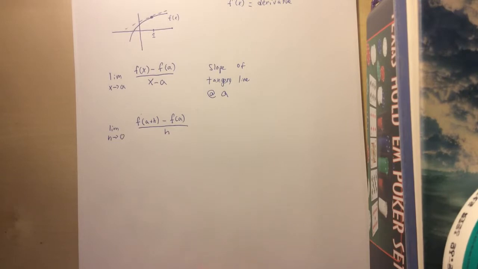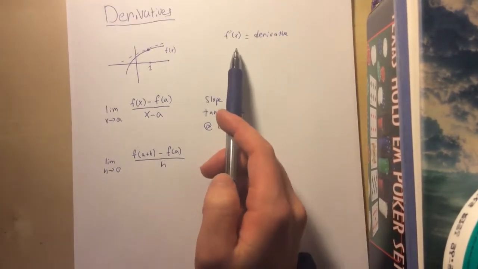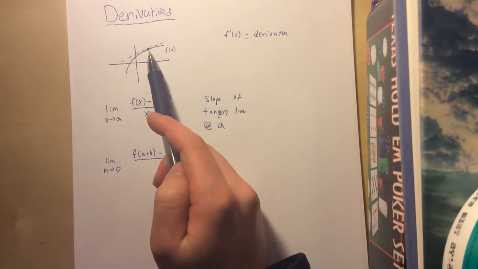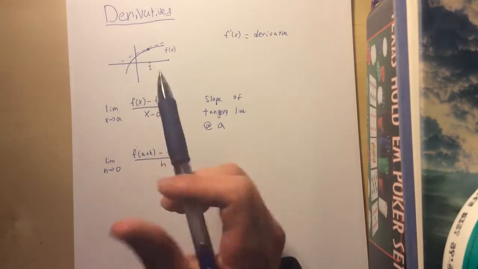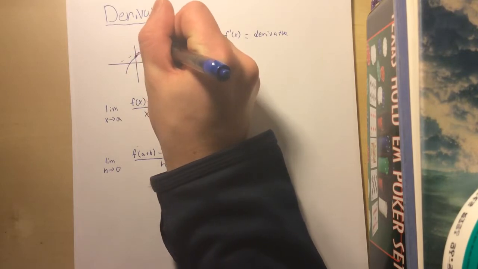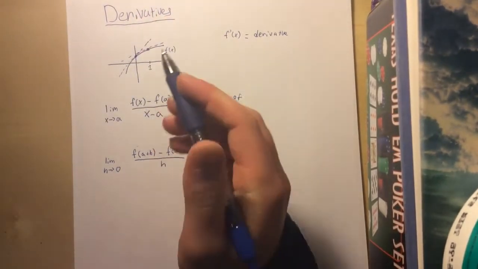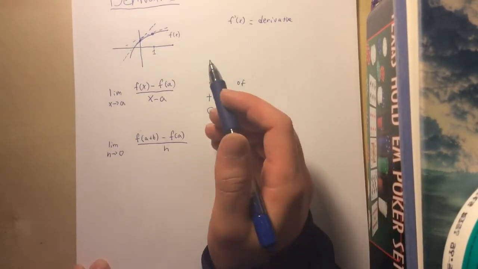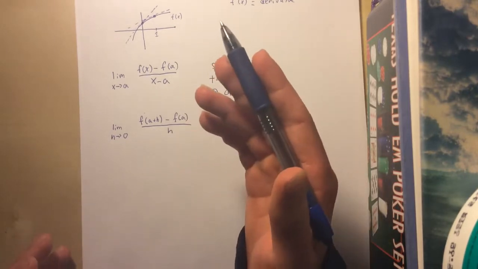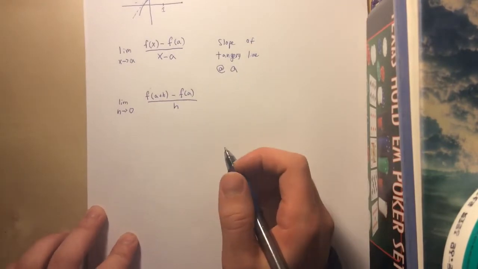Sometimes we want to find the equation of the derivative. Since the derivative is a function, it changes as x changes. The slope at this point at x equals 1 is different than the slope at x equals 0. Clearly the slopes of the tangent lines aren't the same. So we want to find an equation or a function that describes the slope of the tangent lines of our initial function.